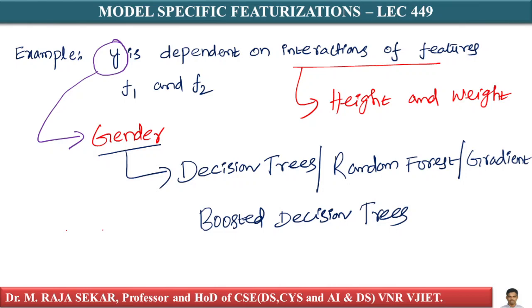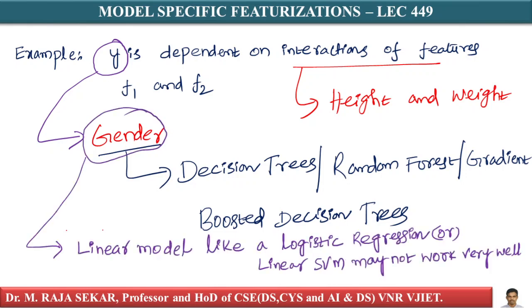So which featurization works for problems like this? Problems like this means predicting gender, isn't it? For problems like predicting gender, a linear model like logistic regression or linear SVM may not work very well, because interactions can be easily captured using decision trees, as we have seen in previous lectures.